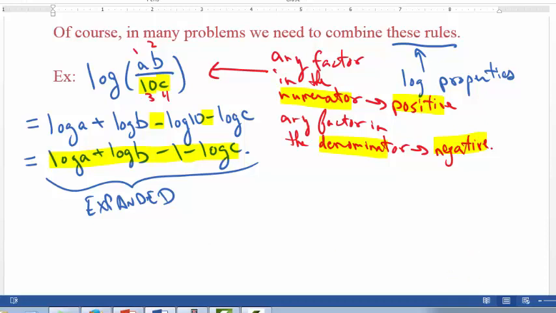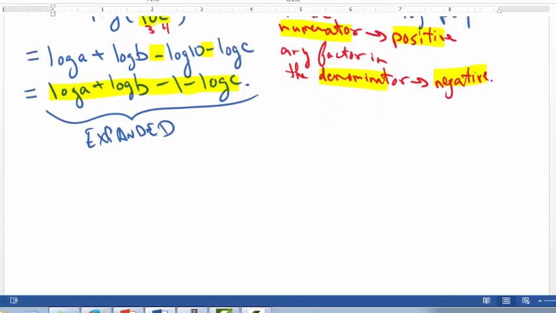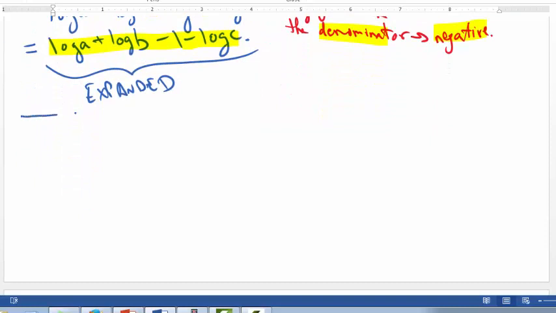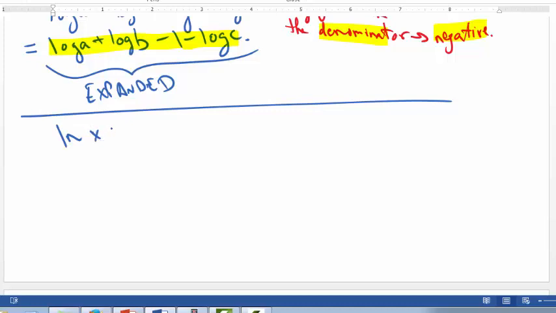You can also have the reverse scenario, where you'd be given something like, using ln this time, ln of x plus 3 ln of y minus 1/2 ln of z.